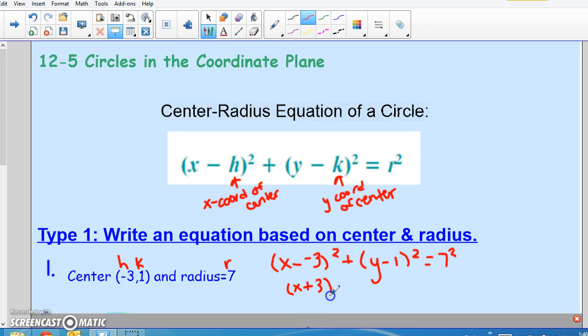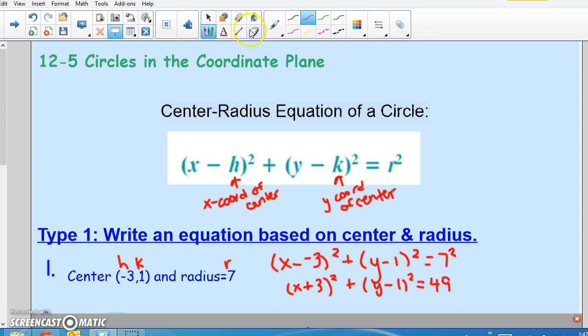So we want to copy that. And y minus 1 can stay. And I'm going to just change the 7 squared to 49. Once it's in this form, this has been simplified. We're not going to expand the binomials. We're just going to leave it as is for right now.